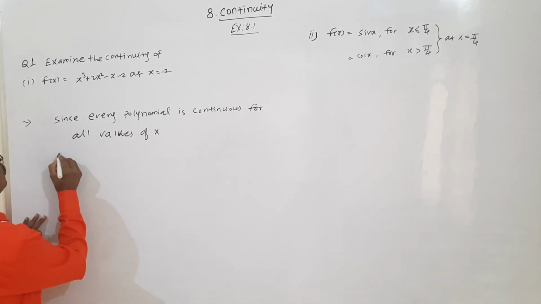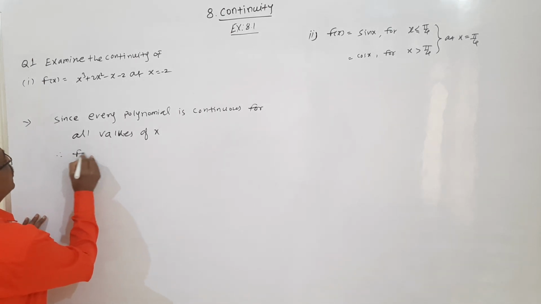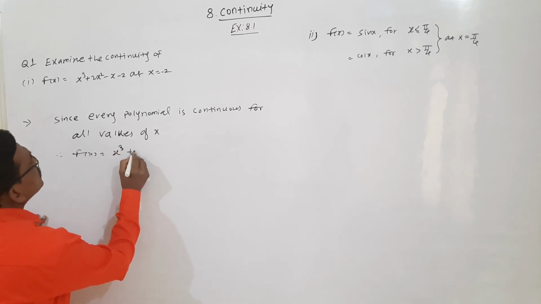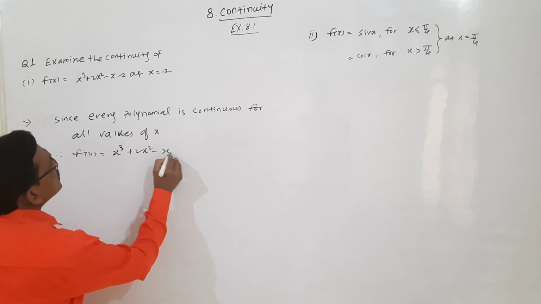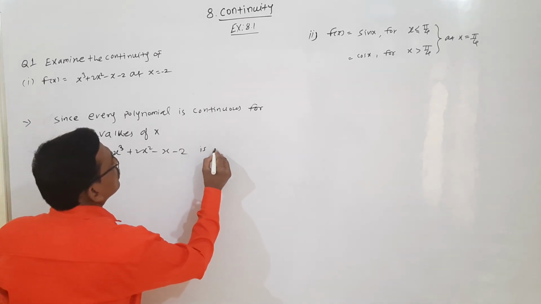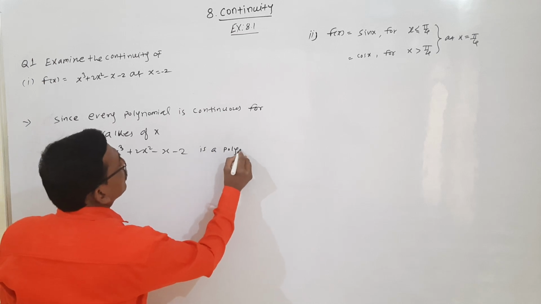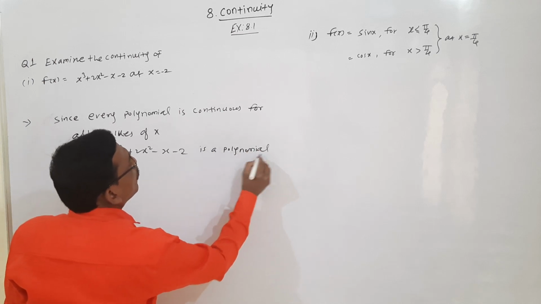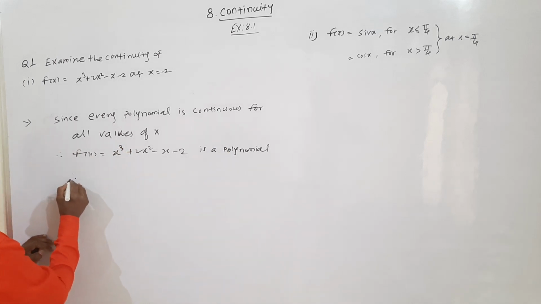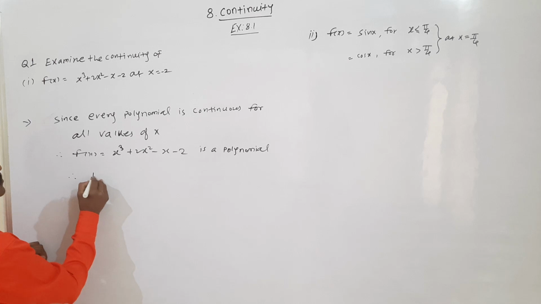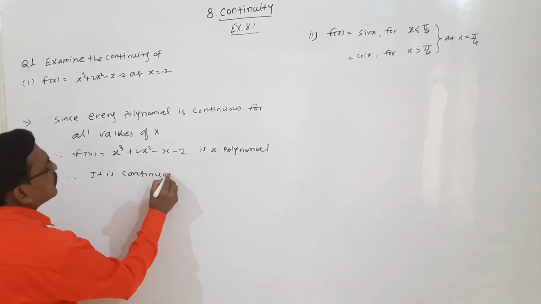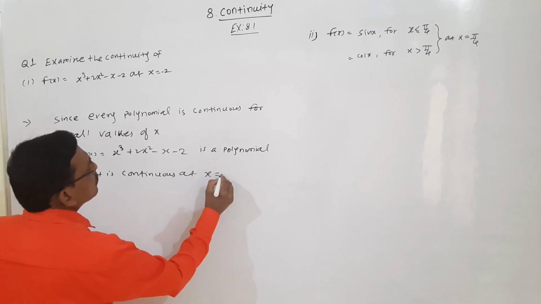Therefore the given function f of x equal to x cube plus 2x square minus x minus 2 is a polynomial, and therefore it is continuous at x equal to minus 2.